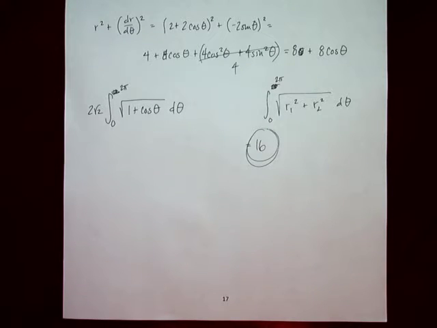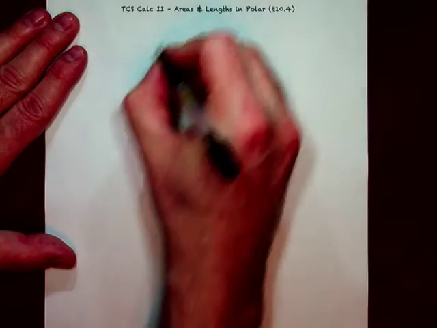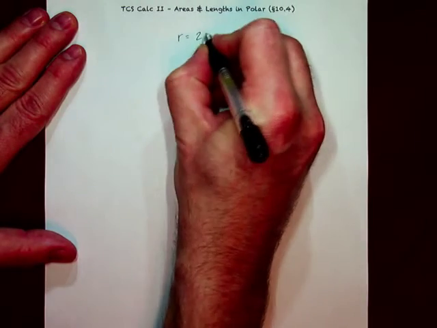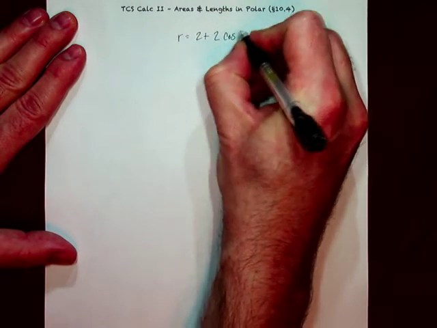Now, what we're going to do is satisfy the curiosity of the person who asked if we could do that by procedure rather than by formula, basically using the parametric formula for arc length. Let's go ahead and do that. Remember that it was r equals 2 plus 2 cosine theta.